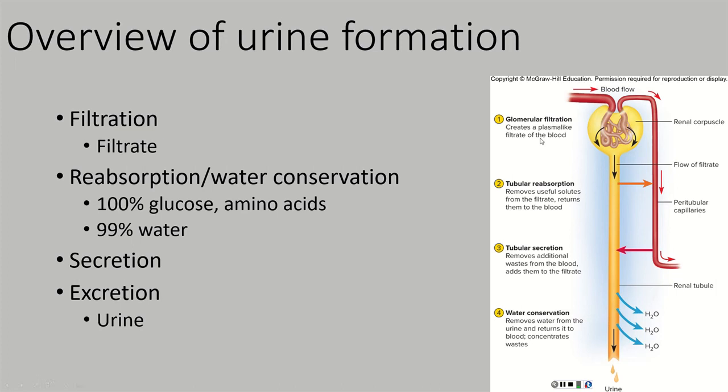Now, once we have done this process of filtration inside Bowman's capsule, that filtrate is now going to move through the rest of the nephron, called the kidney tubules. And as we move through the tubules, we're going to take that filtrate, we're going to take some stuff back out of it because our body might still need it. And we're going to put some more stuff into it that wasn't filtered because our body still needs to get rid of it.